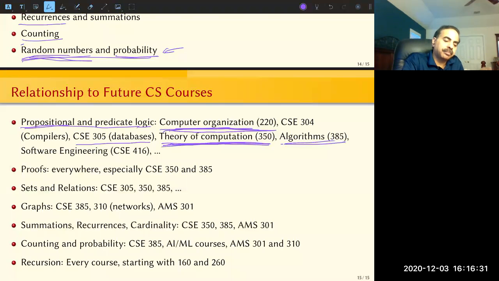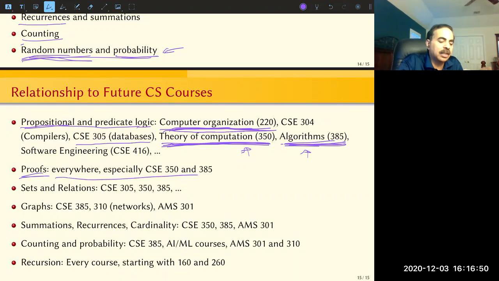So the material that we cover is most relevant for these two courses, because without it, you will not be able to start either of them. But in addition, it also feeds into some courses like 220.